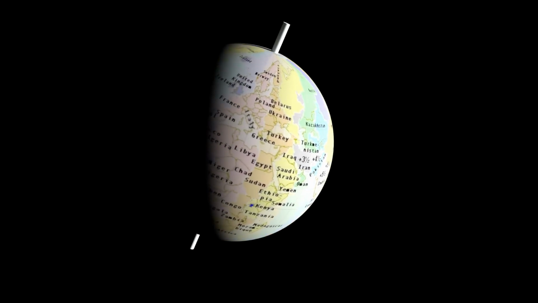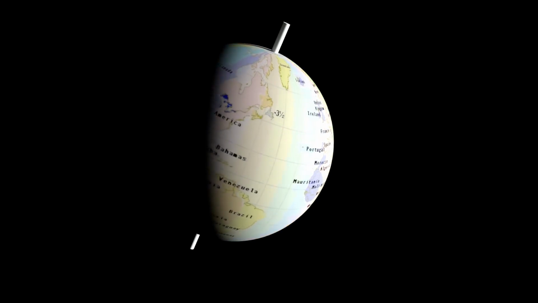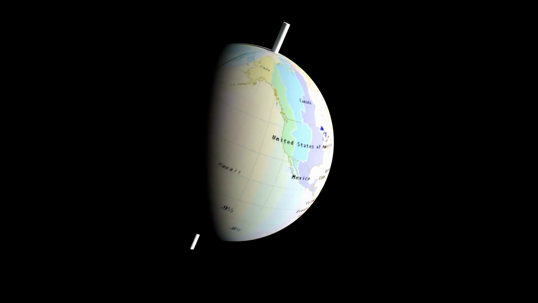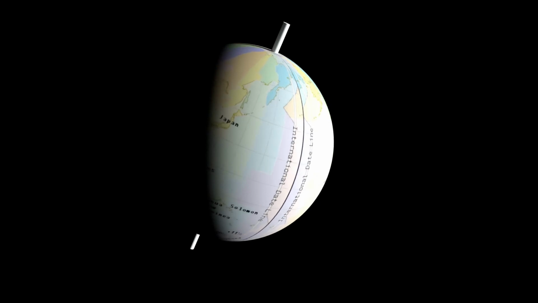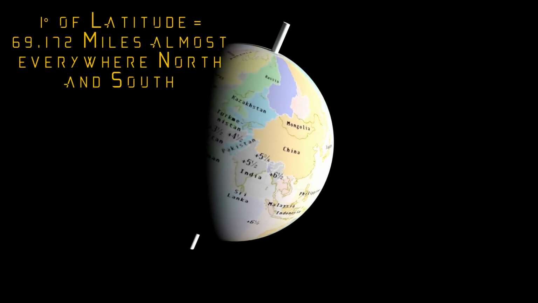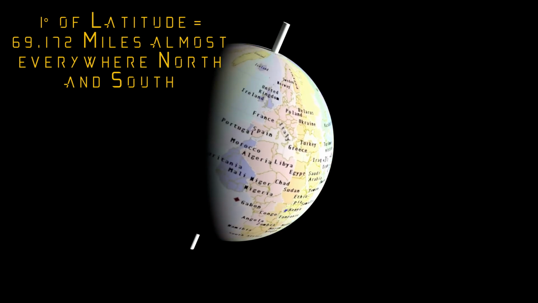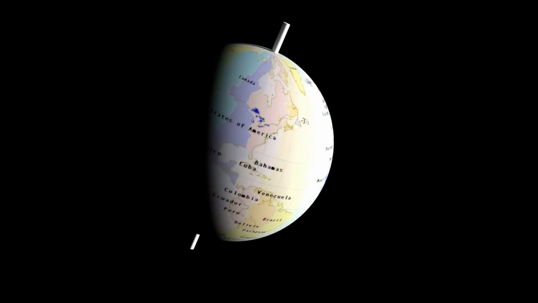Latitude was relatively easy to figure out in the ancient world because they took the angular measurements of the pole star, or Polaris, to the horizon, and that gave them their latitude. Also, 1 degree of latitude is equal to about 69 miles everywhere on the globe, traveling north and south.